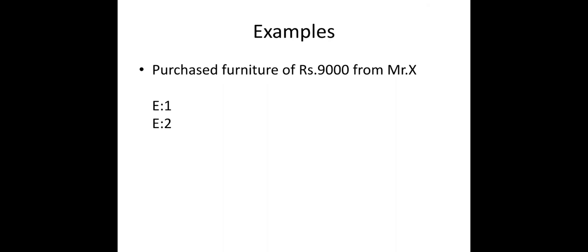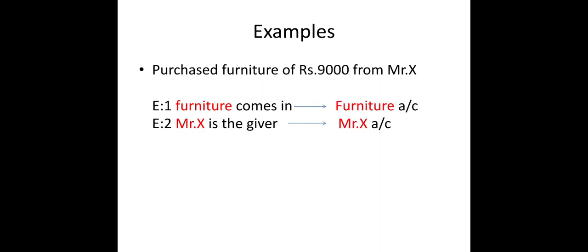Yes, so effect number one, furniture comes in, and effect number two, Mr. X is the giver. Okay, and name of account is also very simple. Furniture comes in. So what is the main word in this sentence? Furniture. Yes. So here we can use furniture account. And in effect number two, Mr. X account. Yes. So name of accounts are furniture account and Mr. X account.